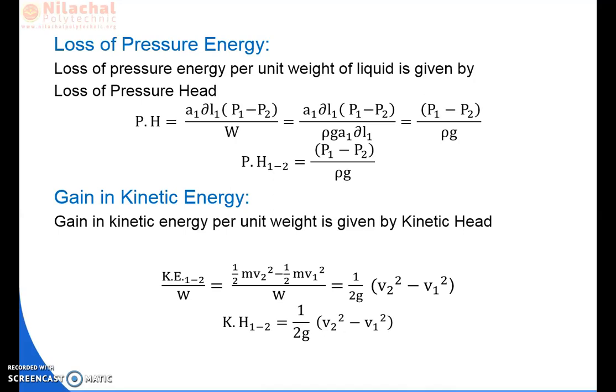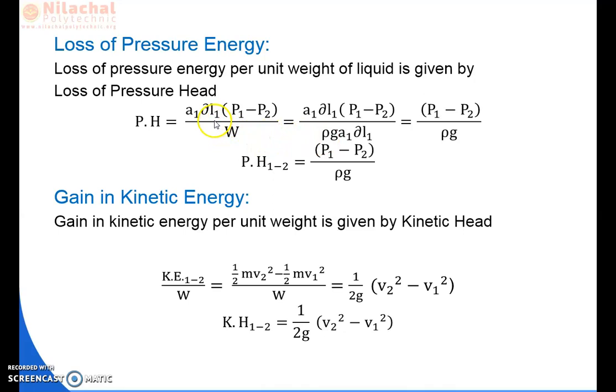If you are considering the head of water or the pressure head, then we are going to make that pressure energy per unit weight of the liquid. So that is W. We know that W is equal to specific weight into volume. Specific weight is equal to rho g and volume is equal to A1 del L1.